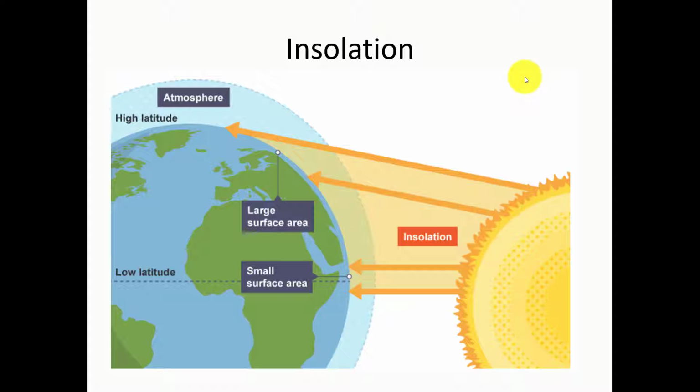Okay, for the idea of insolation, this is a representation of the insolation coming from the sun. It is the sun's energy. It's measured in watts per meter squared. It's not the same thing as temperature. An analogy I like to have students think about is if you listen to music on an iPod, you're not listening to electricity.